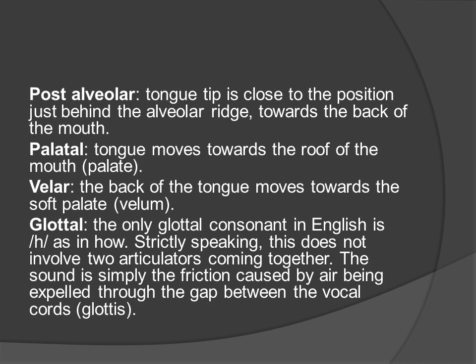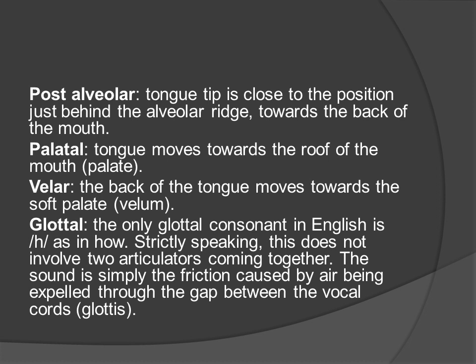The next group, post-alveolar. Tongue tip is close to the position just behind the alveolar ridge, toward the back of the mouth. Palatal. Tongue moves toward the roof of the mouth, the palate. Velar, the back of the tongue moves toward the soft palate, the velum. And the last one, glottal.